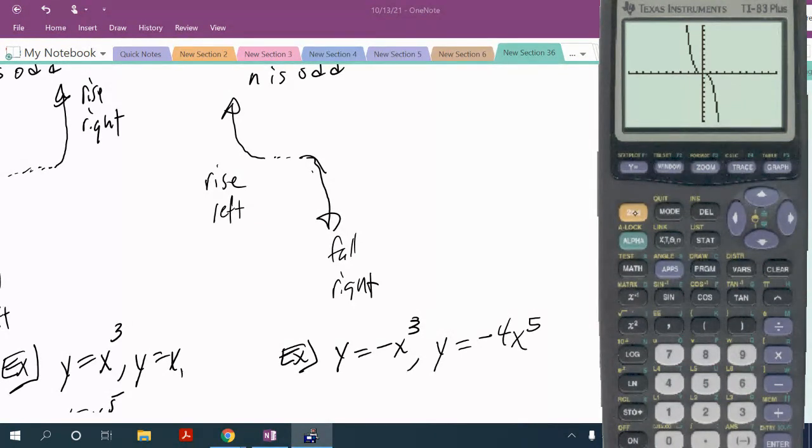I'm going to put in negative 4x raised to the fifth power, and notice that it should rise to the left and fall to the right as well. The difference is how many times it can actually hit the x-axis.